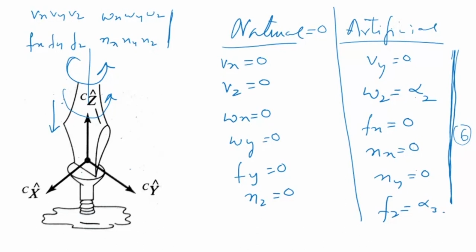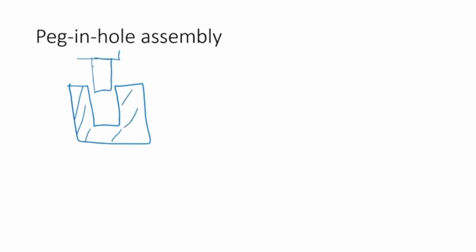So one way of trying to, let's look at the example of peg in the hole assembly. So we have a hole and we have a peg here, okay, and I want to insert it. First, we can simply put my constraint frame. This is x, y, and z frame. So we can have a velocity in the z direction.